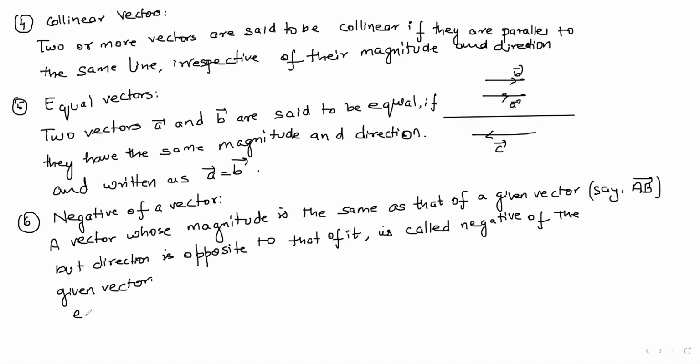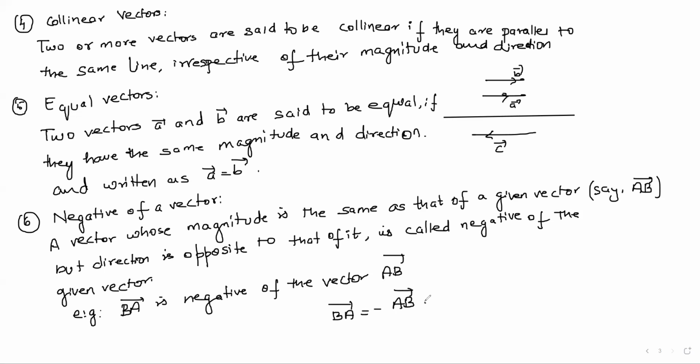For example, vector BA is negative of the vector AB. So you can say BA is negative of AB.